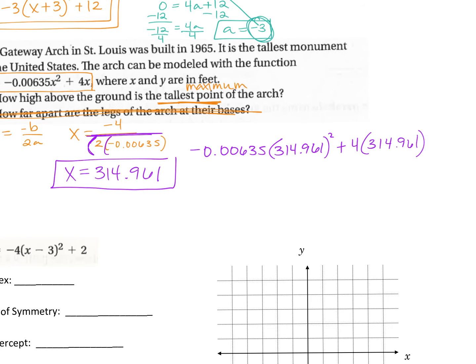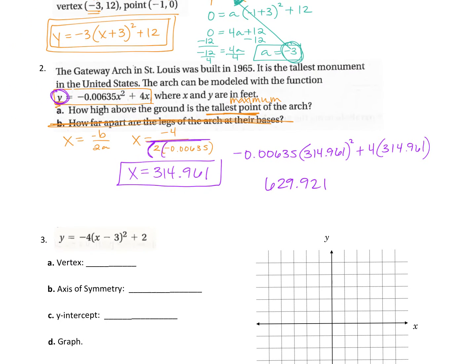So plug that into your calculator real quick, see if you get the same thing as me. That comes out to this, 629.921. Excuse me, so how high above the ground, your y value, we could say is approximately 630 feet if we just round it. I'll tell you where to round on your quiz, so don't worry about that.